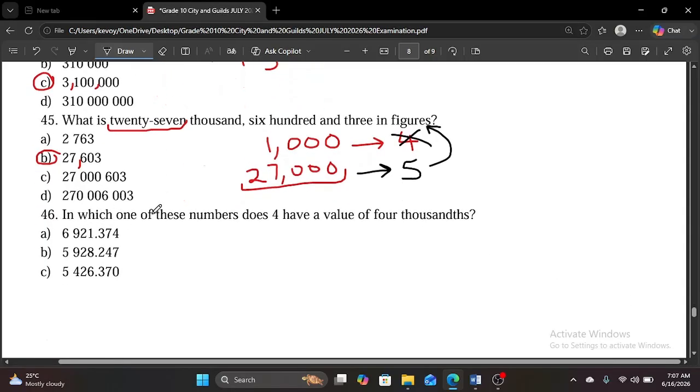All right, so in which of these numbers does 4 have a value of 4,000? All right, so 4,000 is going to be your third number, the third digit that comes before your decimal point.